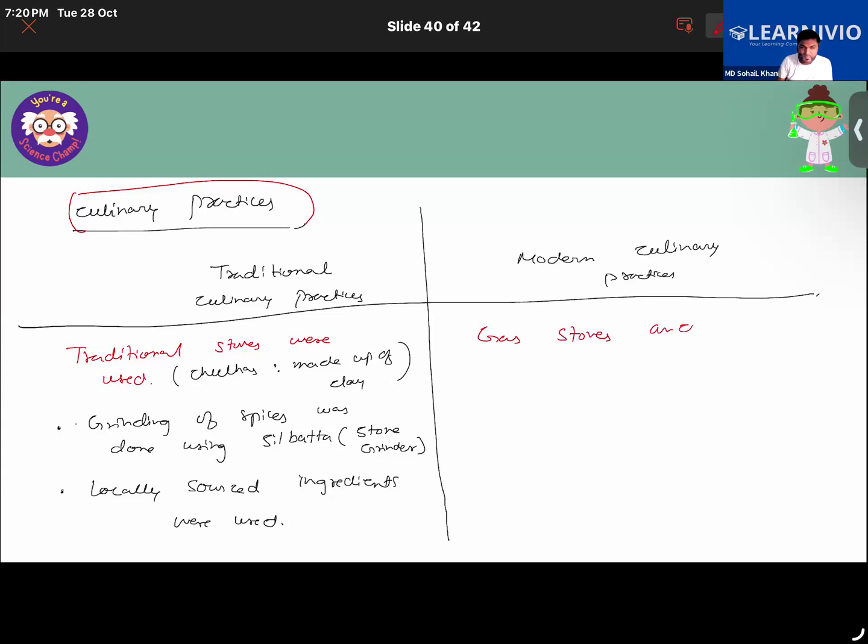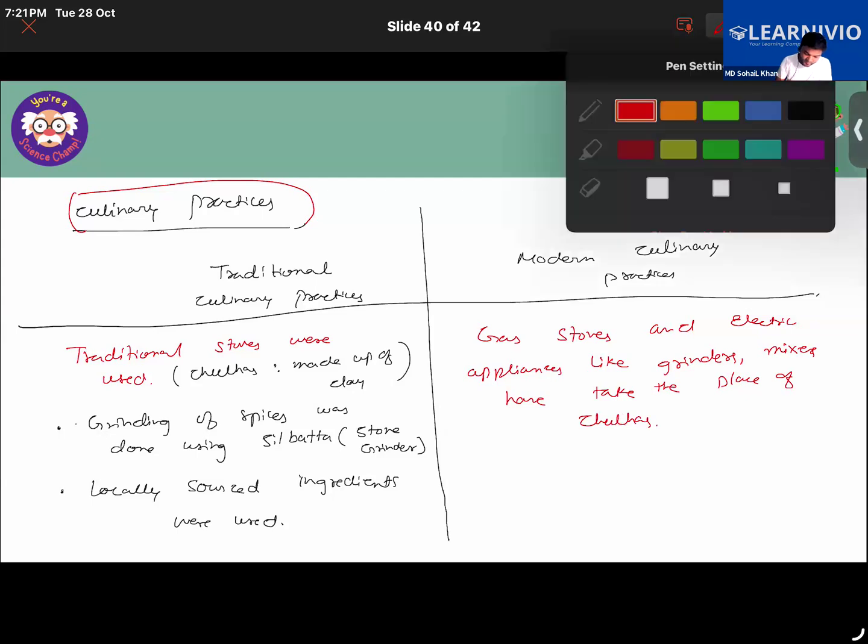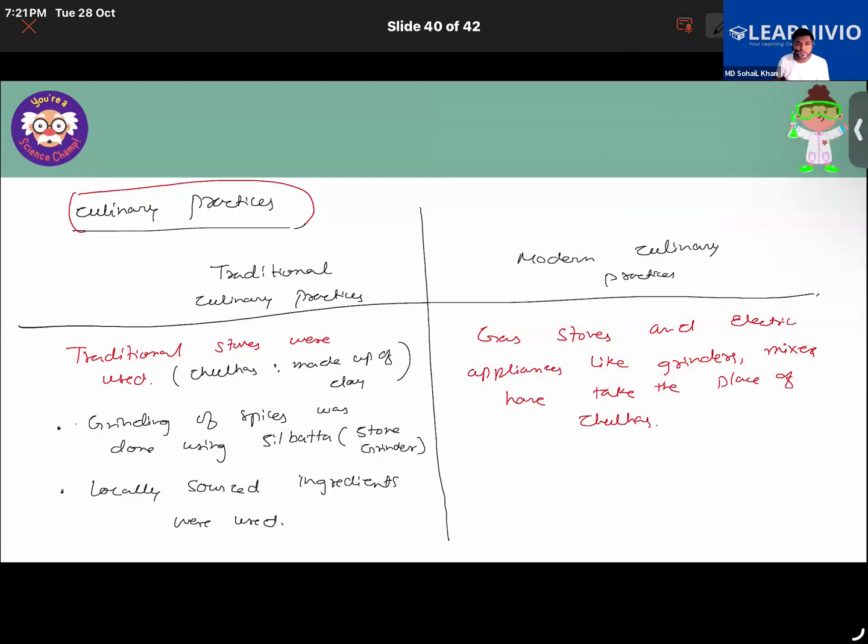Gas stoves and electric appliances like grinders, mixers have taken the place of chulhas.